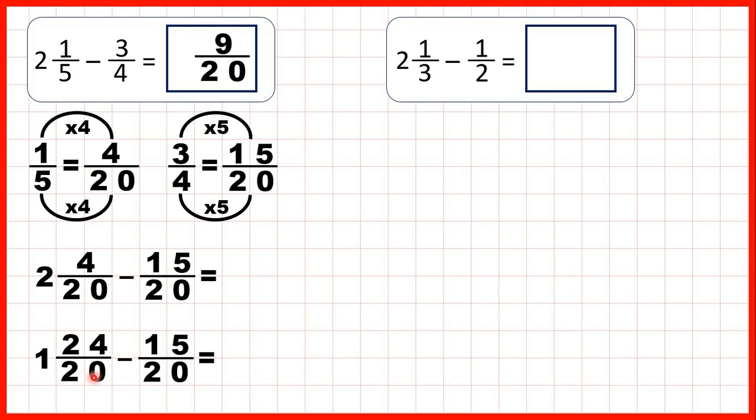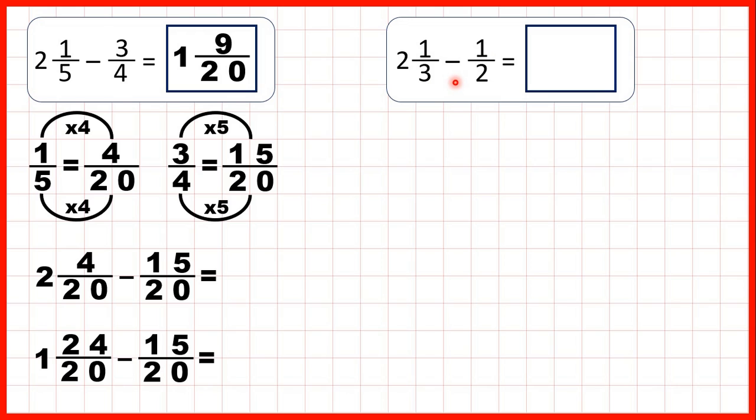Remember, when we subtract fractions, the denominator stays the same, and 24 minus 15 is 9. But now we have one whole, and we're not subtracting any wholes, so there's one whole in our answer, 1 9/20.